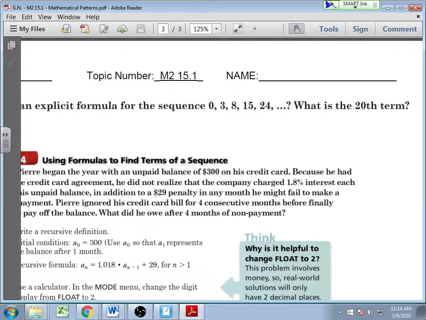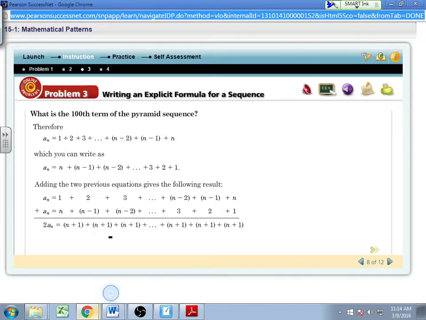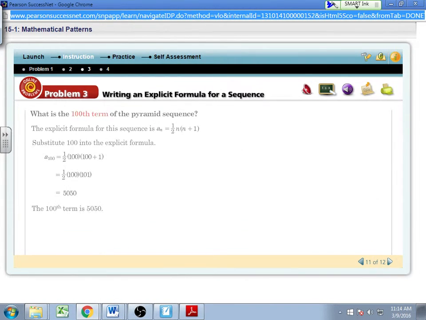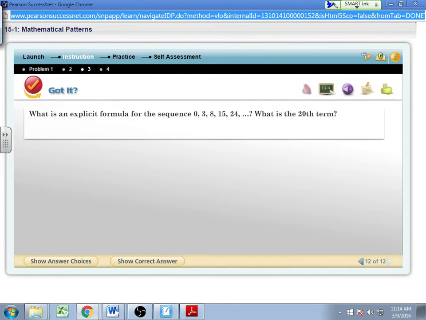What else could we do to solve this? Go ahead. It's basically adding the next consecutive odd number to the previous term. So when I add 3, that's my first odd number, and then I move up by odd numbers.